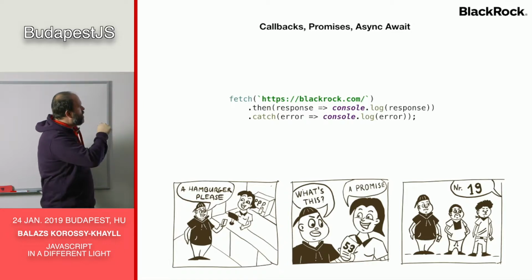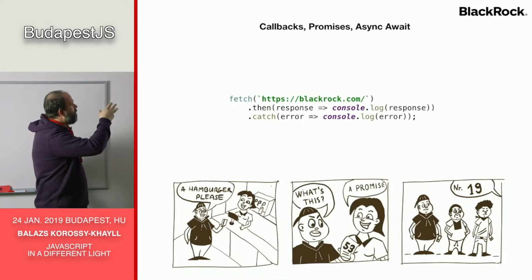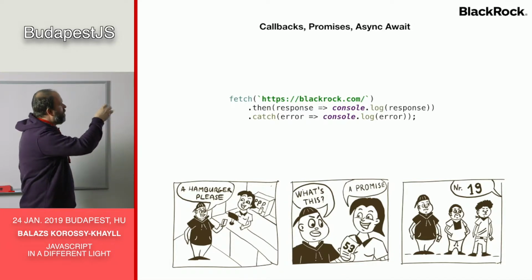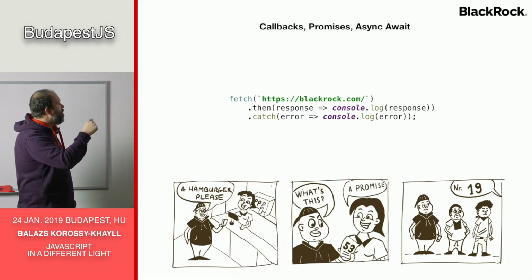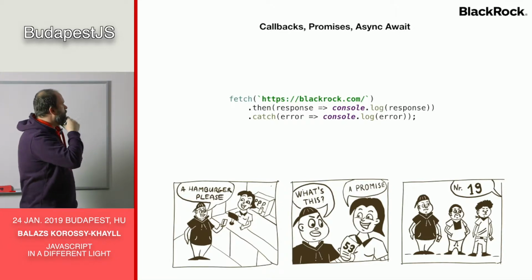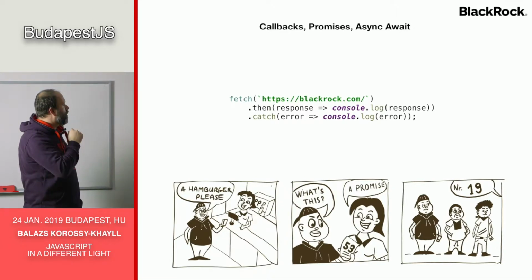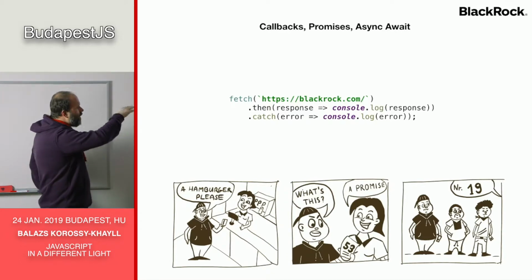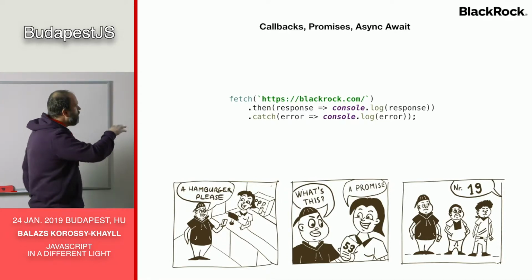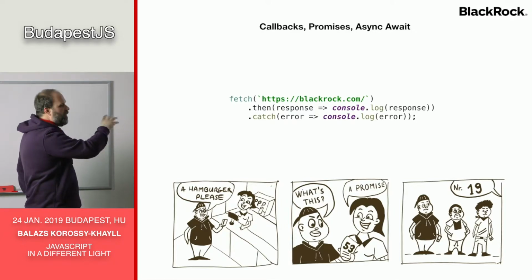We have this fetch that returns a promise, and when the promise is resolved, we can define this callback, and the callback will get the value, and you can do whatever you want with it. You can also do error handling in a much friendlier way. And if you want to chain multiple of these together, then you just write another then, and so on.